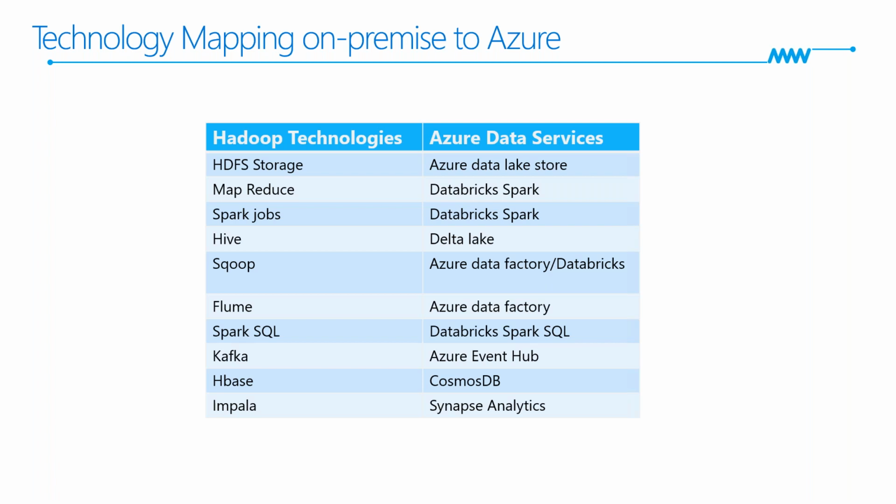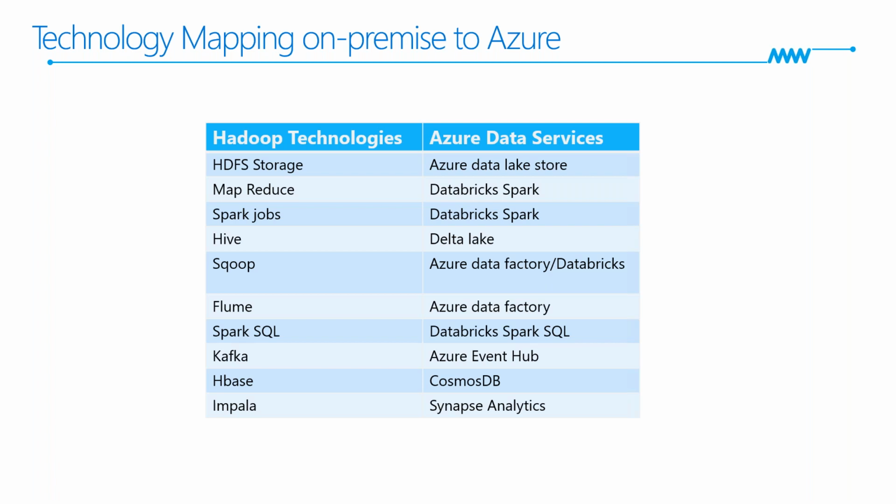Spark jobs can directly get migrated and run in Databricks. Hive will get translated into Delta Lake. All your Sqoop jobs, like I mentioned earlier, you can either rewrite them to connect directly to the data sources, relational sources, into Data Factory, or you can even run your Sqoop kind of workloads in Databricks.